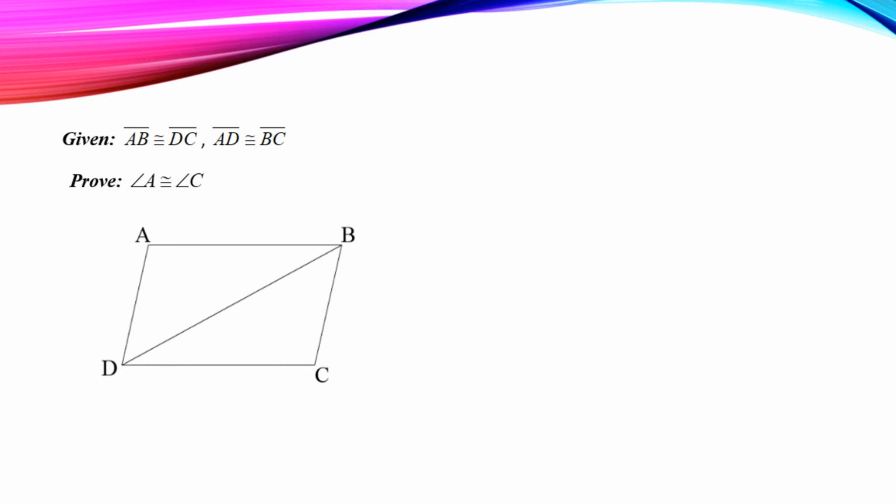Okay, so given AB is congruent to DC, I'm going to go ahead and mark that. AB is congruent to DC, AD is congruent to BC. So right away, I know that I can use side, side, side here to prove that the triangles are congruent. And I can do that by saying DB is congruent to DB by the reflexive property.